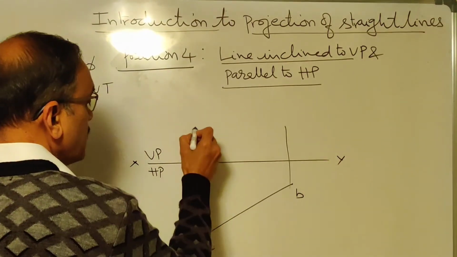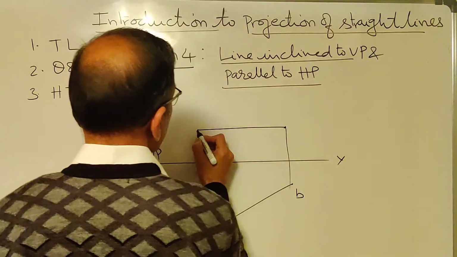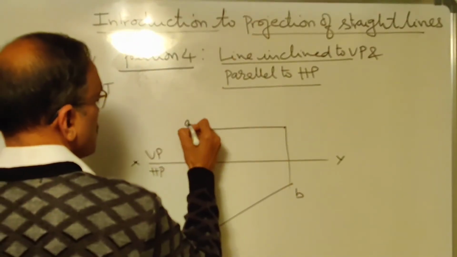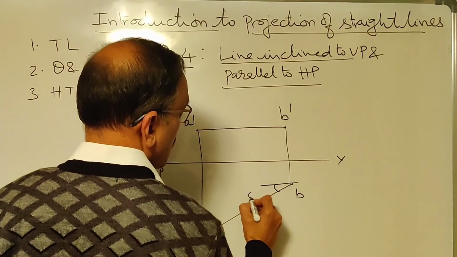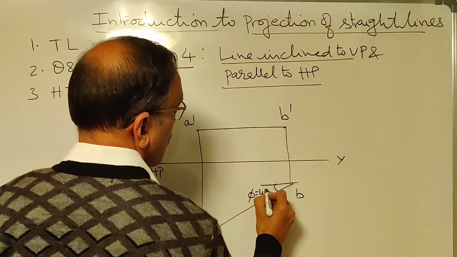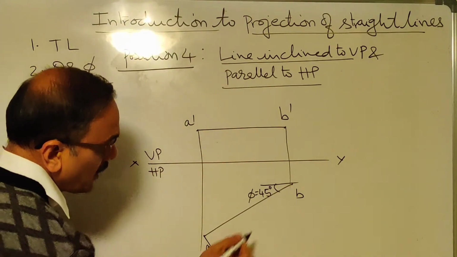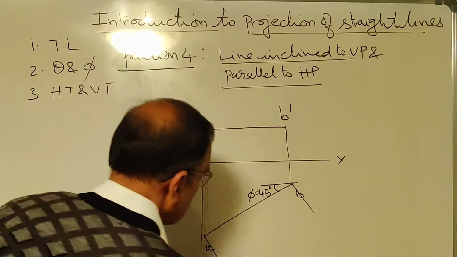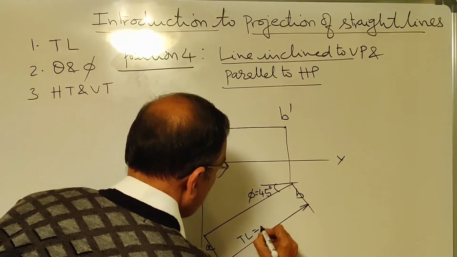Whereas I should make the front view parallel to XY. This is important. So this is A dash, B dash. Let us say this angle, you have to represent it by phi, some 45 degrees. And also this is true length. Let us say 40.